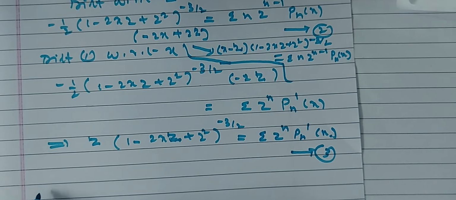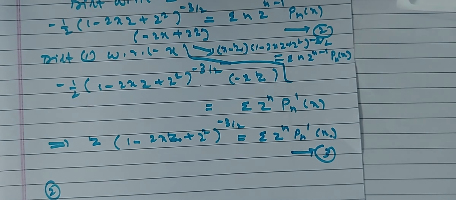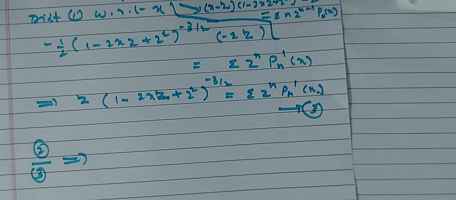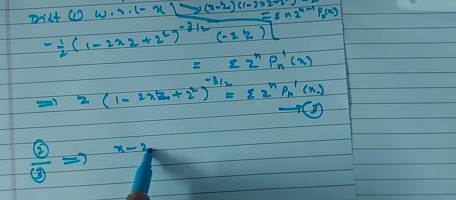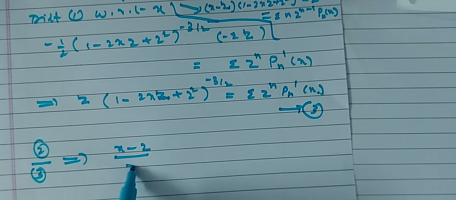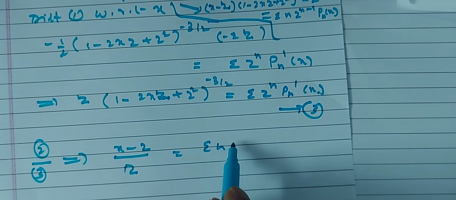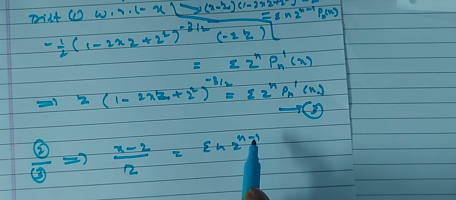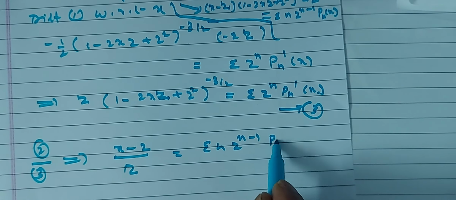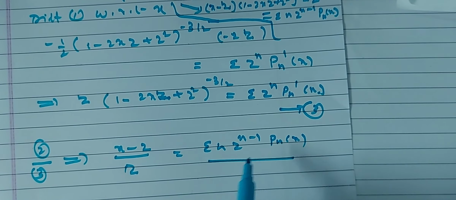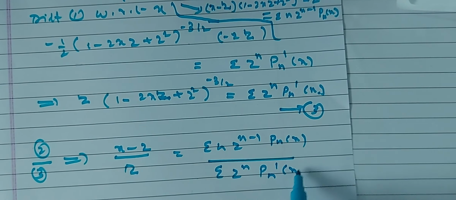So equation 2 divided by equation 3 implies (x minus z) divided by z is equal to sigma n into z power n minus 1 into Pn of x divided by sigma z power n into Pn dash of x.